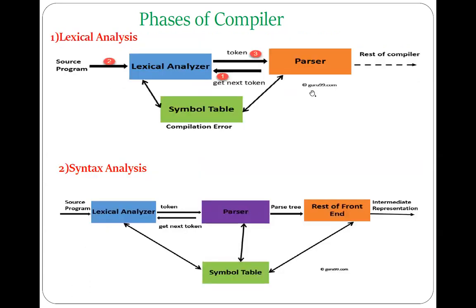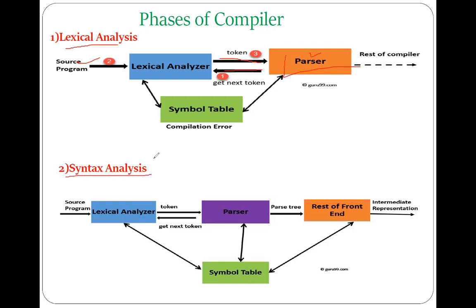If you see the phases of compiler, lexical analysis we have already discussed in detail. You can see its scenario I have shown you. Whenever the parser or the syntax analyzer requests a token, the lexical analyzer reads the source program, identifies the token and sends the tokens to the parser.